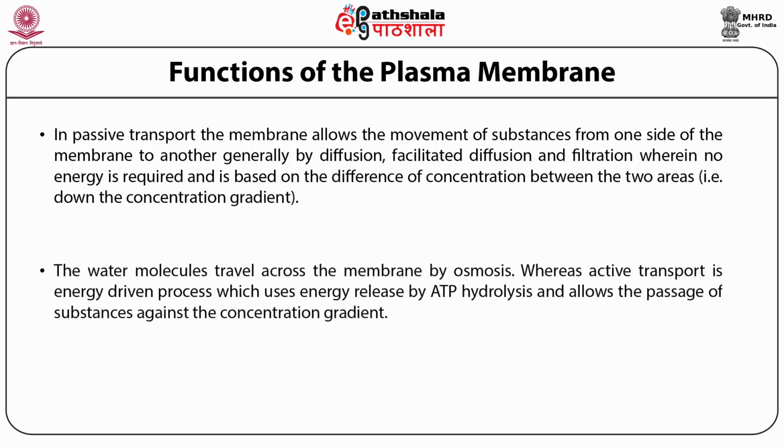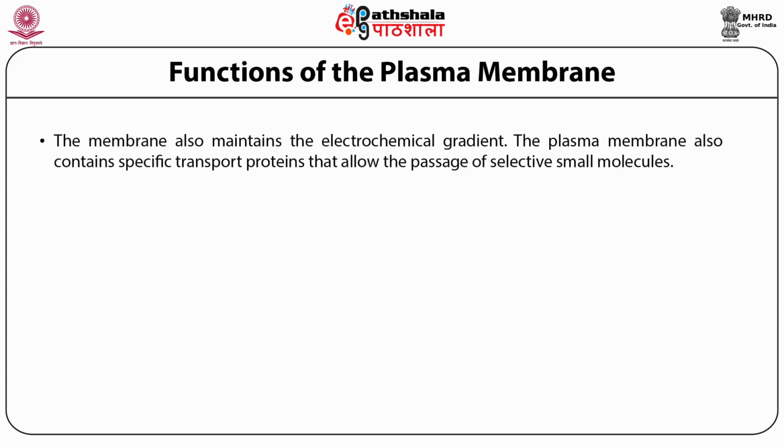Water molecules travel across the membrane by osmosis, whereas active transport is an energy-driven process which uses energy released by ATP hydrolysis and allows the passage of substances against the concentration gradient. The membrane also maintains the electrochemical gradient.